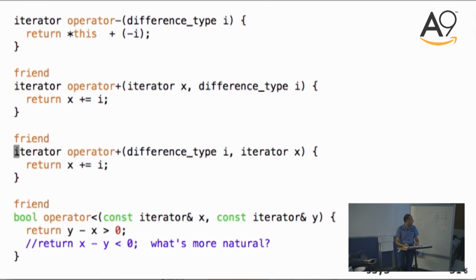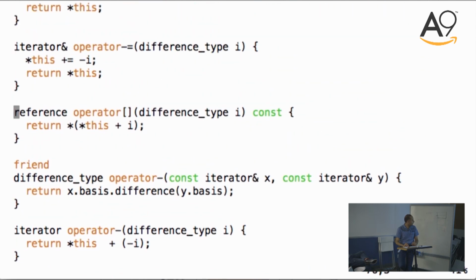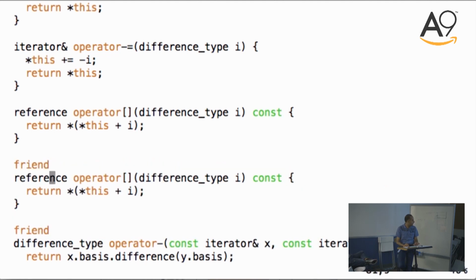Difference type. You mean with my? Oh, with a square bracket? Yes. Implement a friend operator square bracket, which takes a difference type as the first parameter, and an iterator as the second parameter.